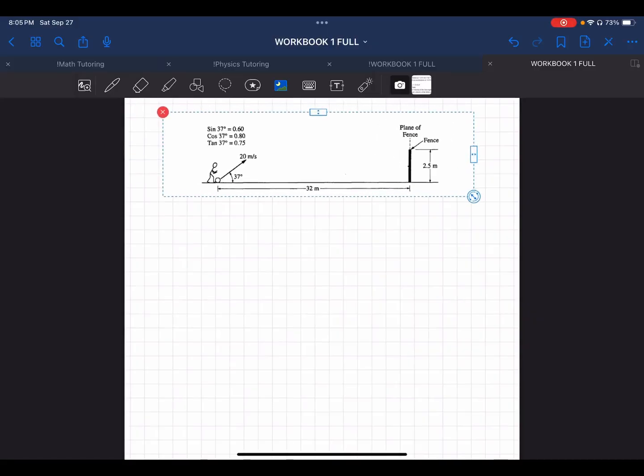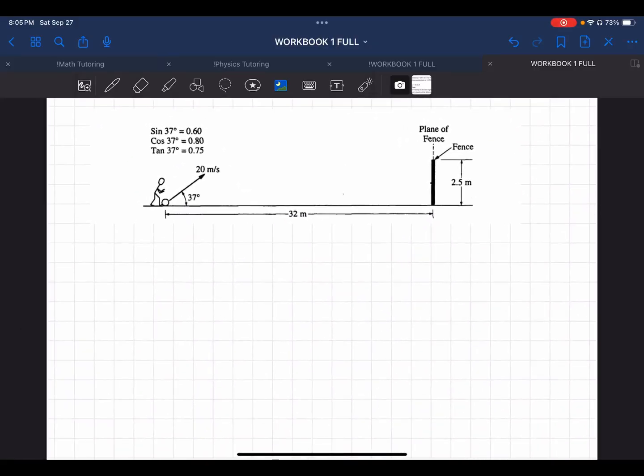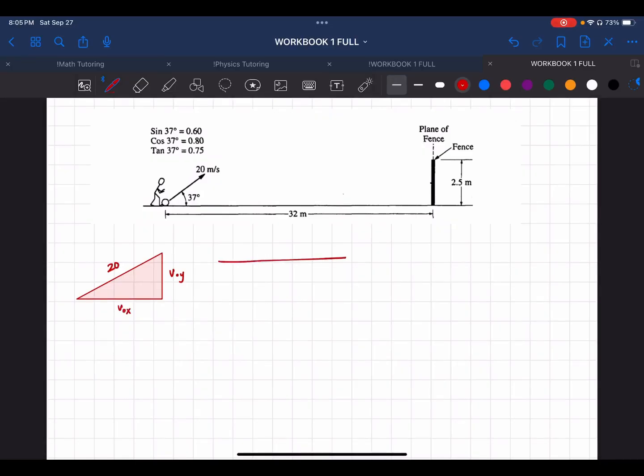So the first thing I would do, the secret to this, is most likely finding the time. But at least the first step is to get the components of the starting velocity vector. So it's 20, and I'll make v0x and v0y. Again, I'm going to make my little table. v0x is the 20 times the cosine of the angle, 37.